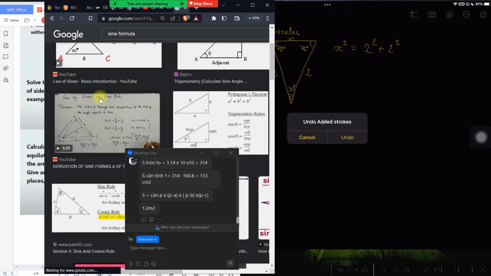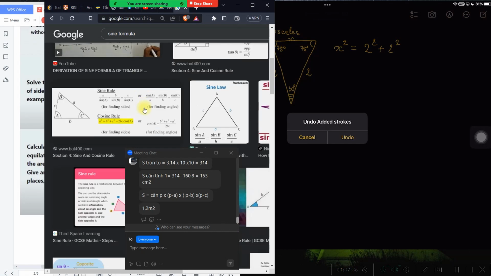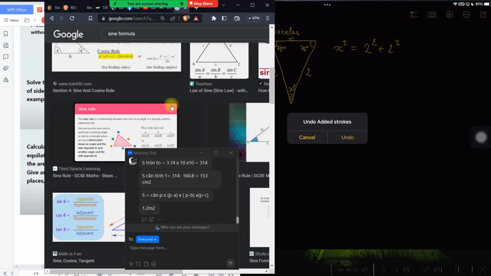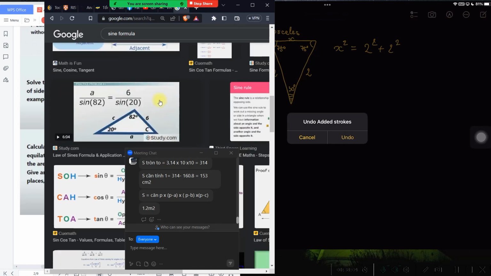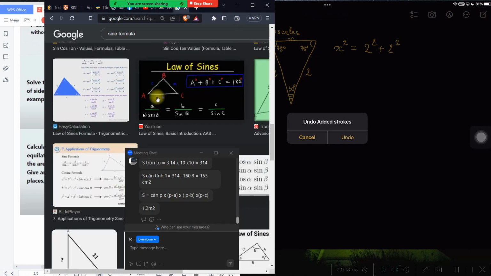There's a formula that looks like the Pythagorean theorem but also has a cosine part. I think it's cosine. Of course, it's cosine. I remember.